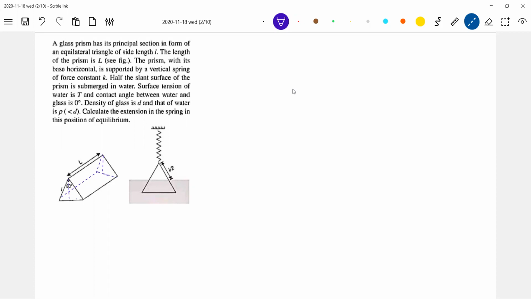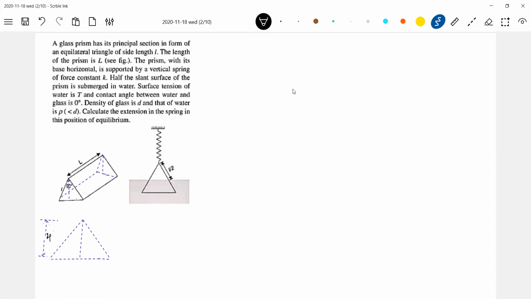What is the height of the prism? This will be the height of the prism.